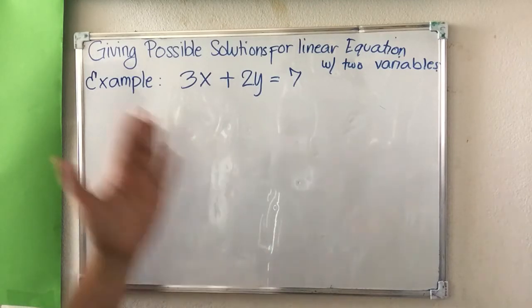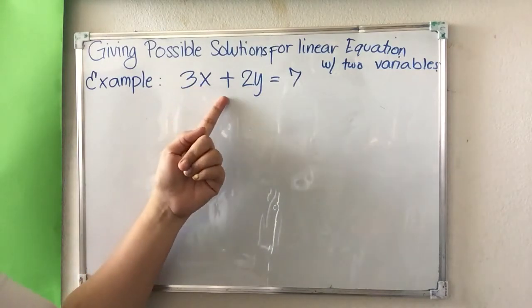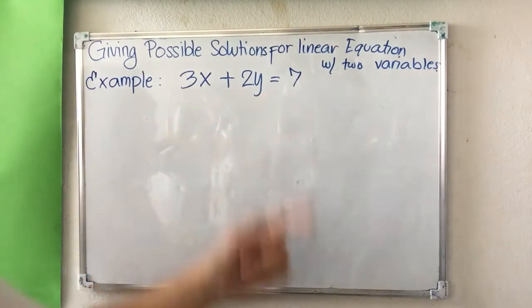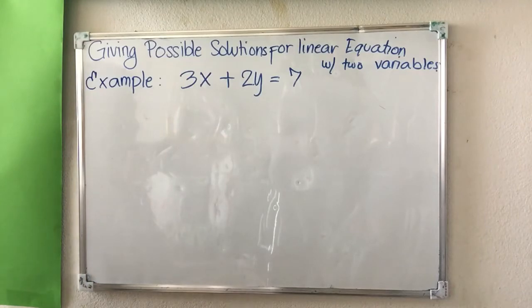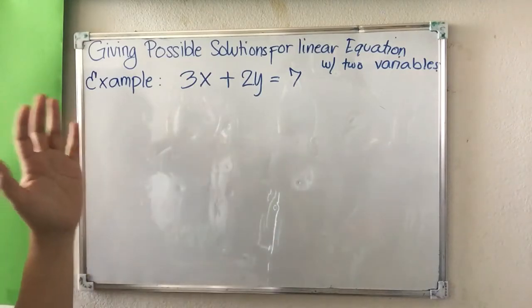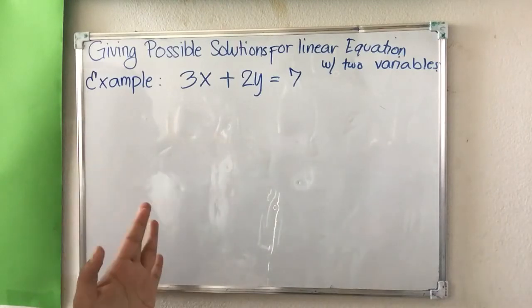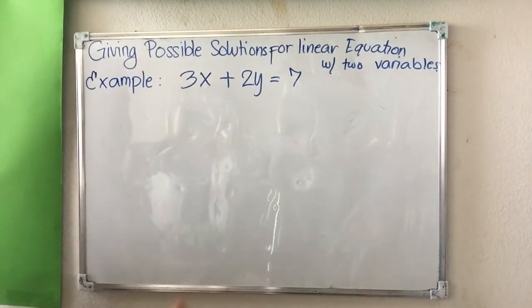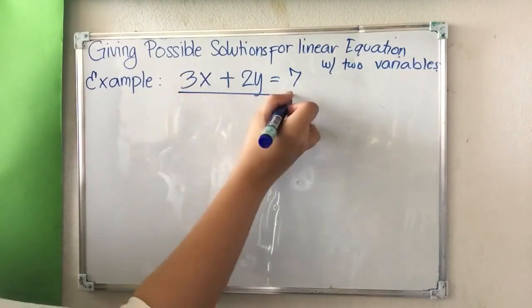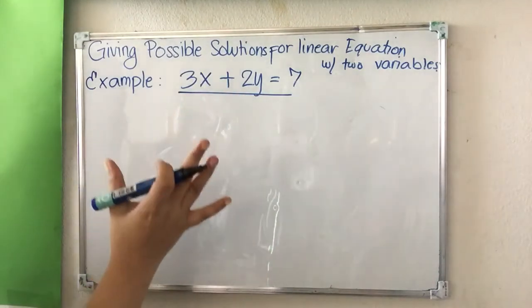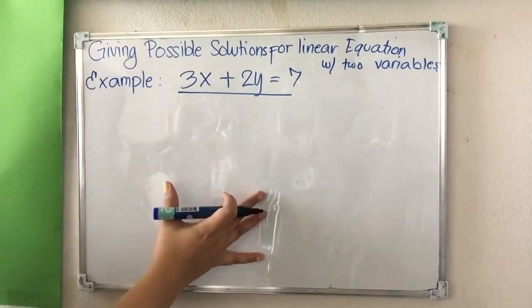We have here the example 3x plus 2y is equal to 7. First, let's try to change our equation to solve for y. So how are we going to do that?